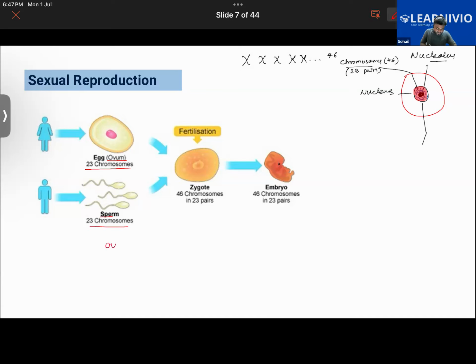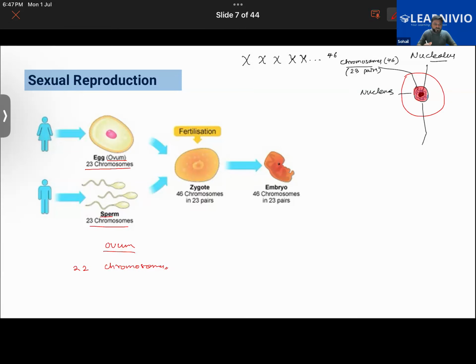Now what happens? In this ovum, the first 22 chromosomes would look similar to each other, and they will contain all the physical traits from this female.